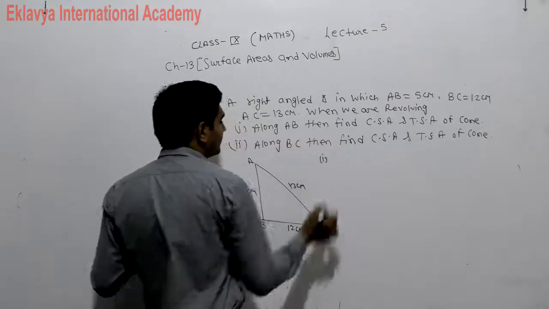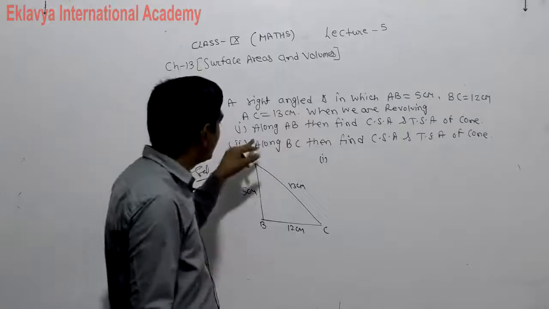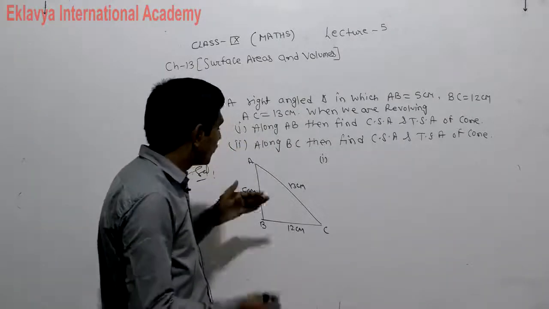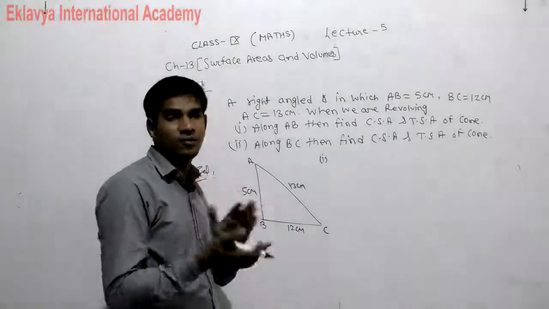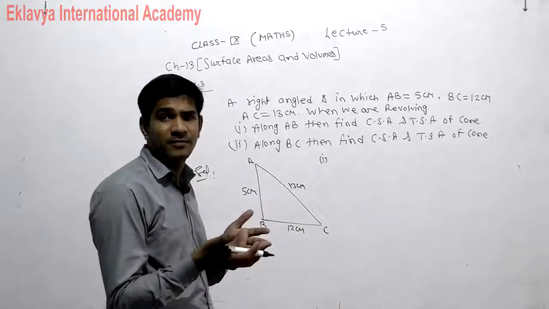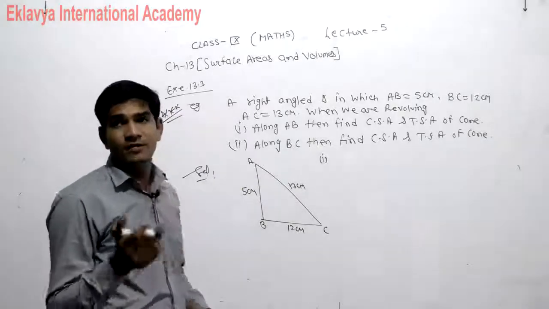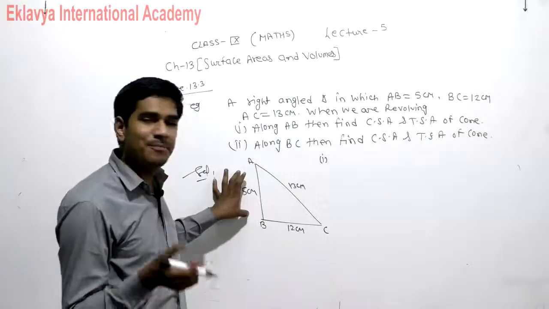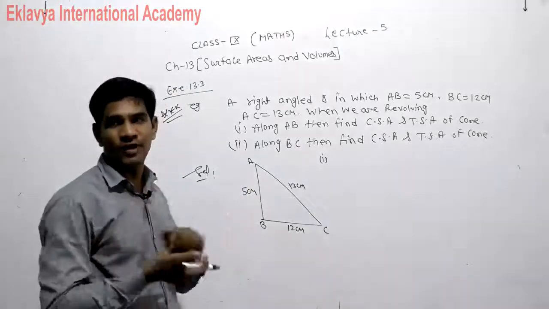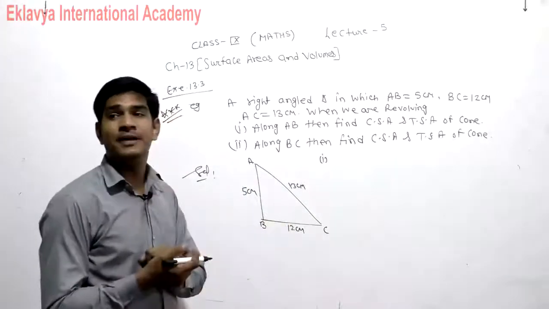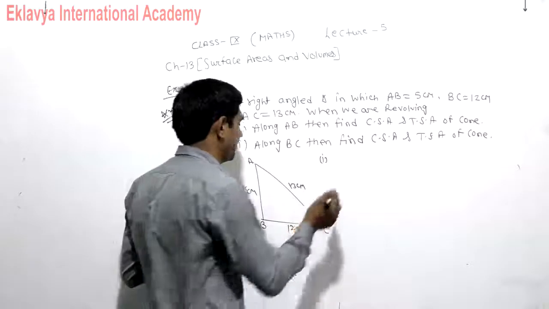For the first case, when we are revolving along AB, what do you have to do? Revolve along AB. Then we form a cone. For that cone, AB becomes the height of the cone and BC becomes the base radius. So in the first case, what will your diagram be?